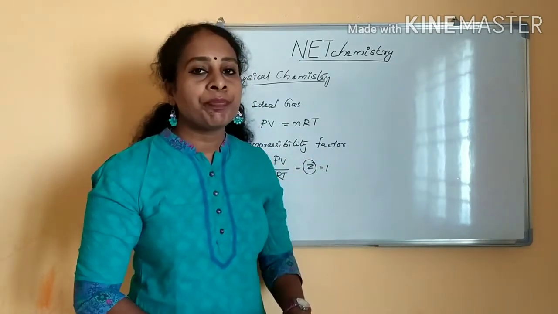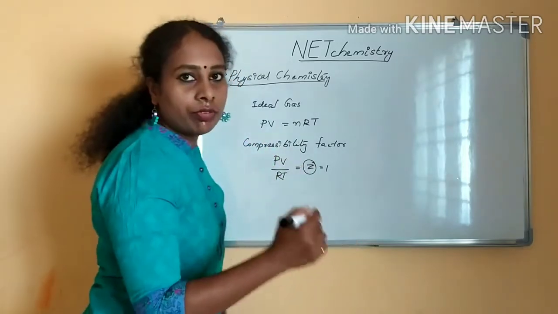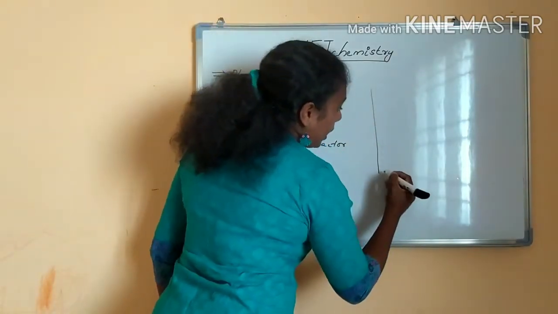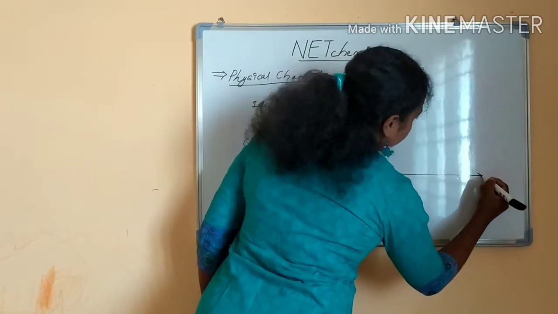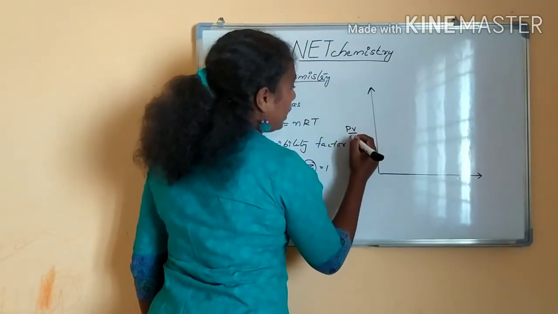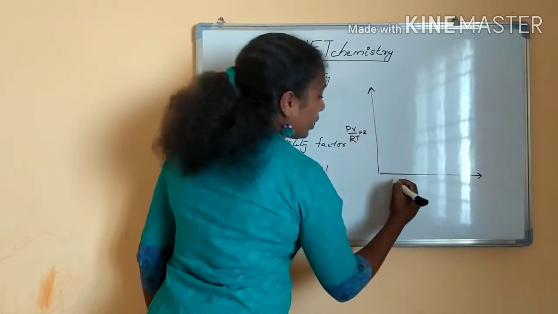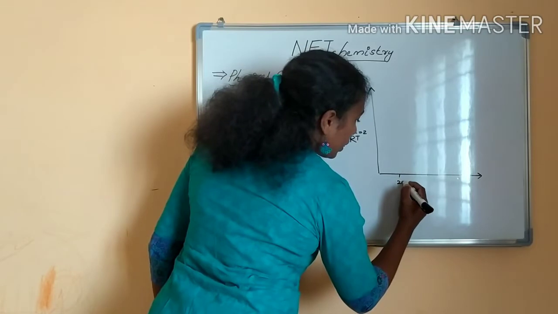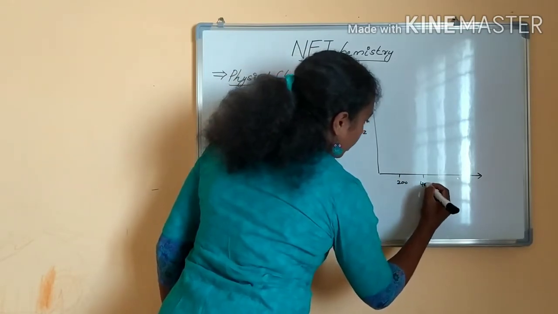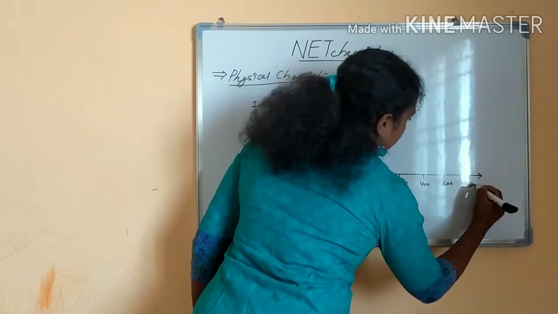Now we will see the isotherm of a real gas, how real gases behave. So I am writing the isotherm of the real gas. You take PV by RT equal to Z on one axis, and on the other axis the pressure: 200 atmosphere, 400 atm, 600, 800.